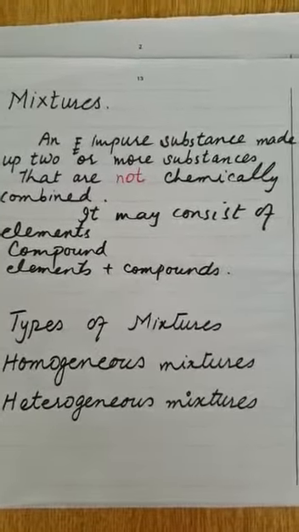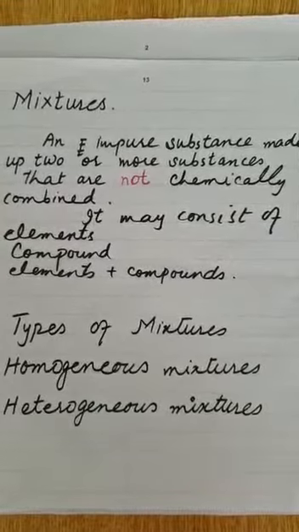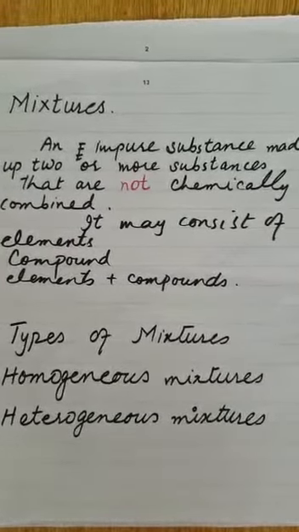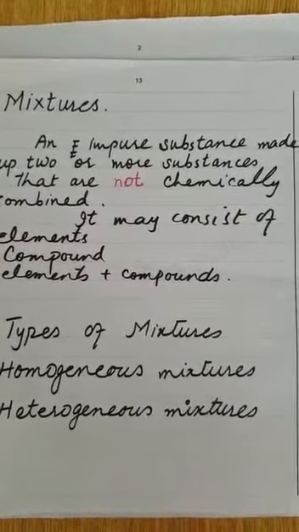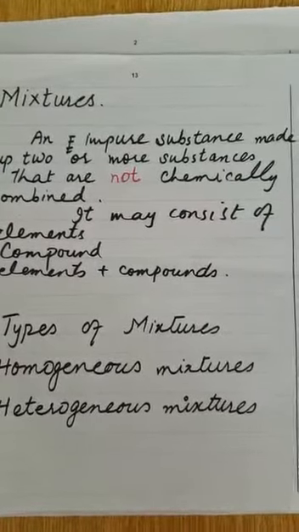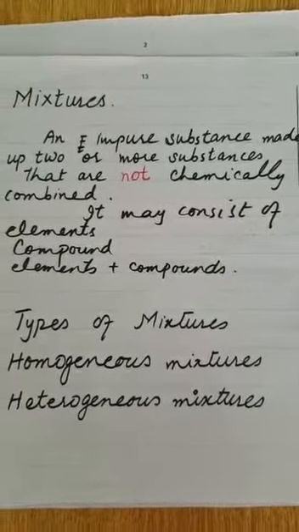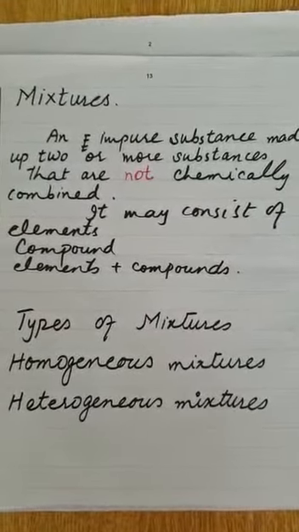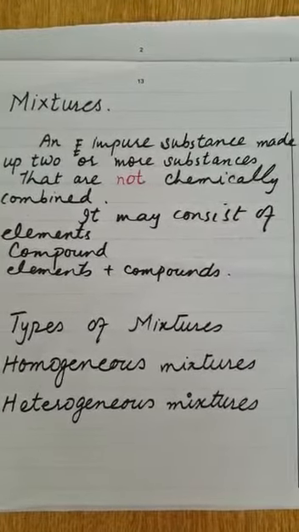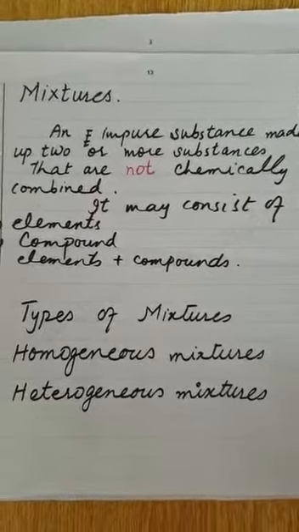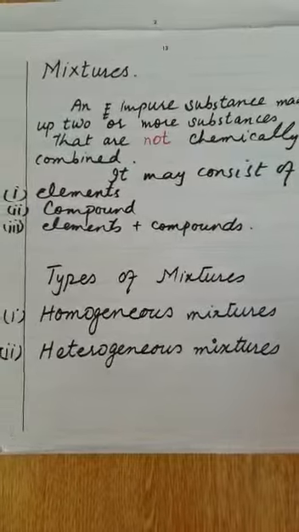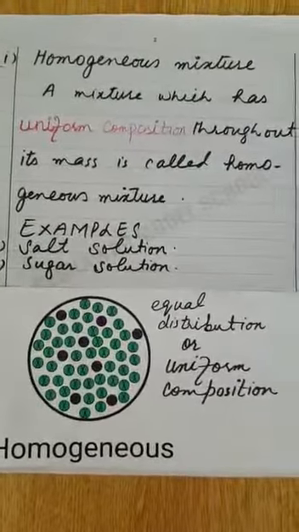So the two big differences between mixtures and compounds are that compounds are pure substances formed by the chemical combination of elements, whereas mixtures are impure substances formed by the physical combination of substances. We have two types of mixtures, the homogeneous mixture and the heterogeneous mixture.